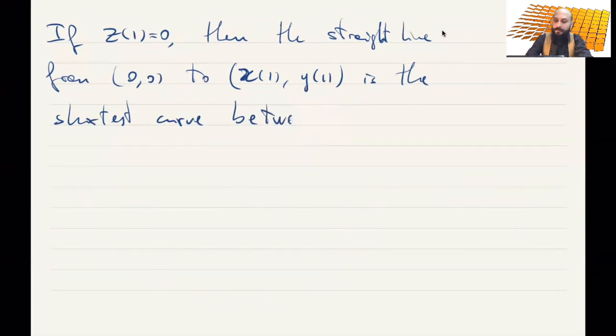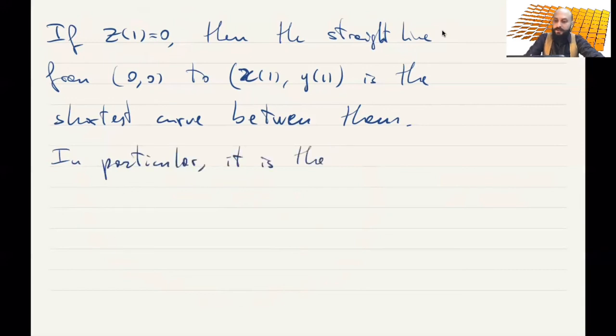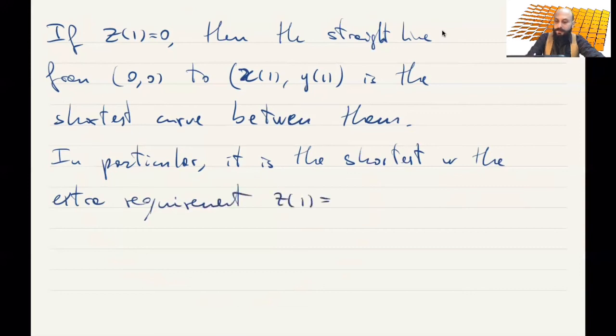Between these two points, this curve encloses area 0. So it also automatically satisfies this condition. In particular, it is the shortest with the extra requirement Z equal to 0.